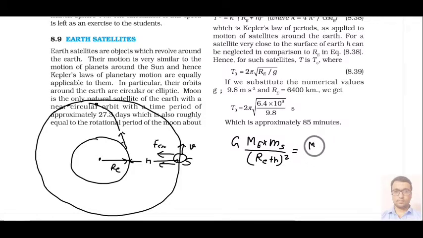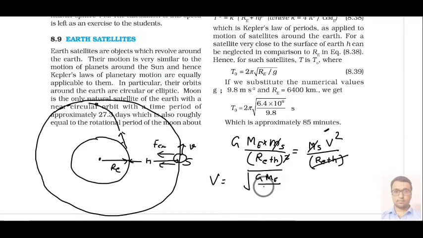This will provide the centripetal force to the satellite, that is m v square upon Re plus h, because the effective radius of the satellite's orbit is Re plus h. The mass of the satellite will be cancelled out. From here we can get the satellite velocity v, and this velocity will become under root of GMe upon Re plus h.